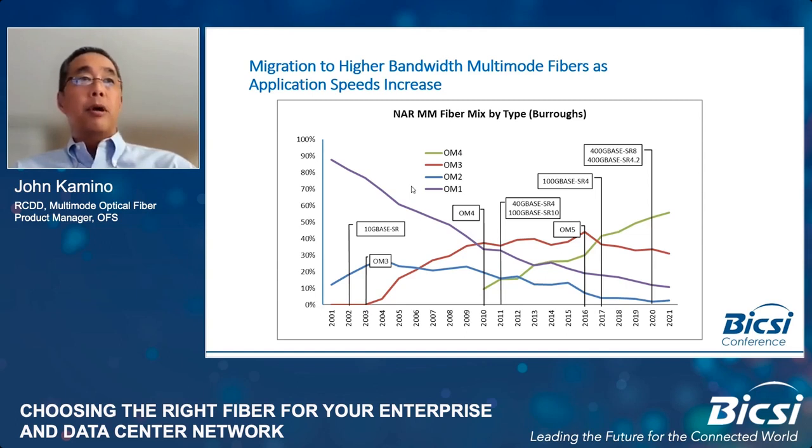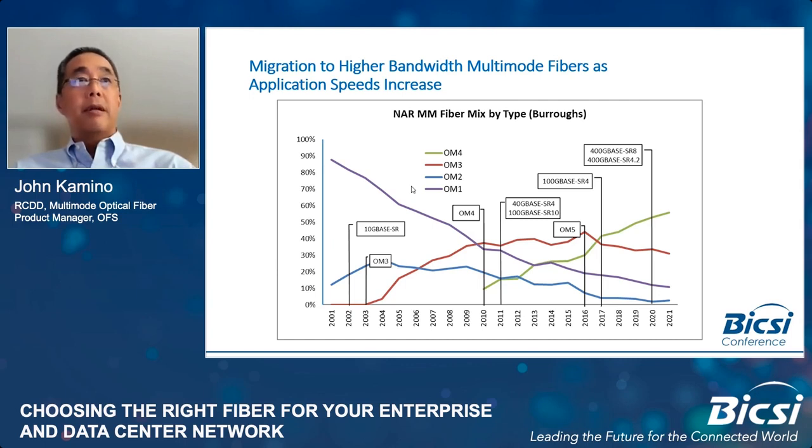It didn't get deployed widely until later in the 2008, 2009 timeframe, but you started to see the installation then of OM3 fiber. The OM4 fiber again started in 2010, and then in 2011, you saw the adoption of 40 and 100 gigabit multimode standards.